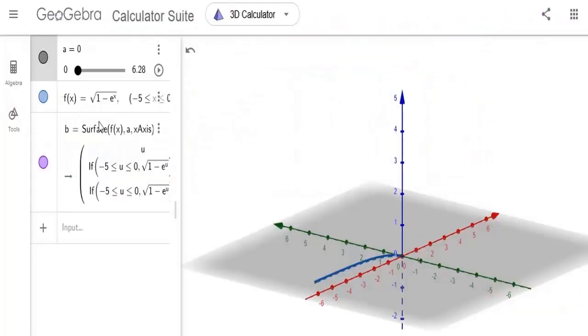Animation is y equals square root of 1 minus e to the x, where x is between minus 5 and 0. And the animation is around the x-axis. Again, the red is the x-axis, the green is the y-axis, and the blue is the z-axis. And here you go.